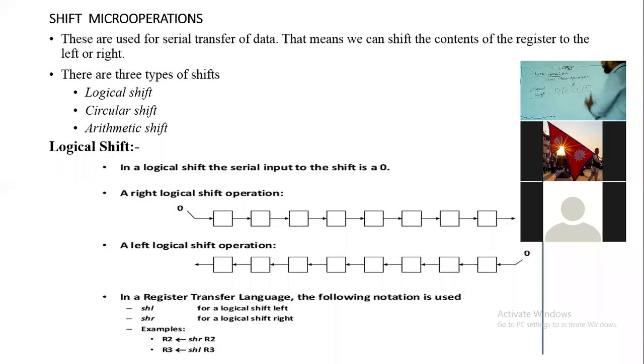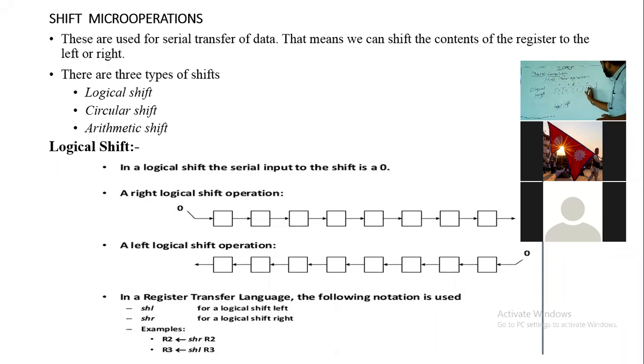If we want to perform a logical left shift, left shift means this way. The bit positions are 0, 1, 2, and 3; this is how the bits are represented in the register. The first bit is represented by digit 0, the next by 1, then 2 and 3, and so on.